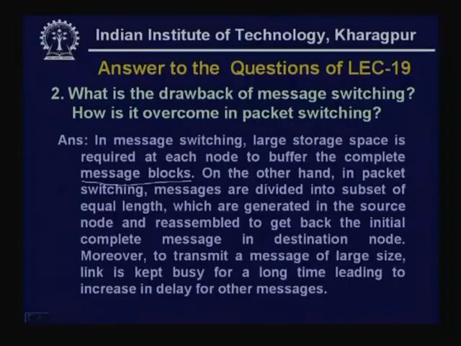On the other hand, whenever you are doing packet switching, messages are divided into shorter, smaller sizes, and as a consequence it does not require larger storage, it does not monopolize a link, and also the possibility of error during transmission reduces because packets are of smaller sizes.